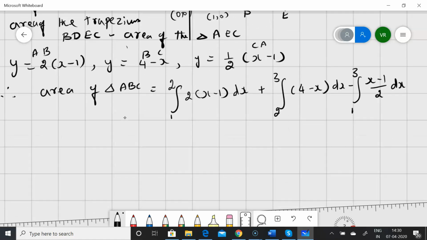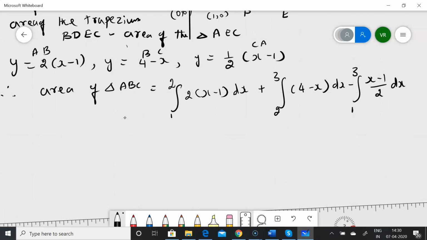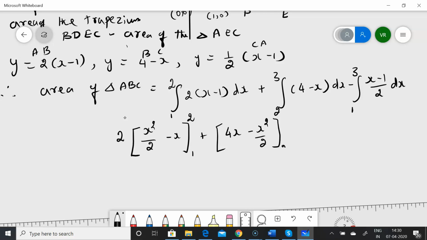Now on integrating, you get 2 times x squared by 2 minus x between the limits 1 to 2, plus 4x minus x squared by 2 between the limits 2 to 3, minus, taking half outside, x squared by 2 minus x between the limits 1 to 3.